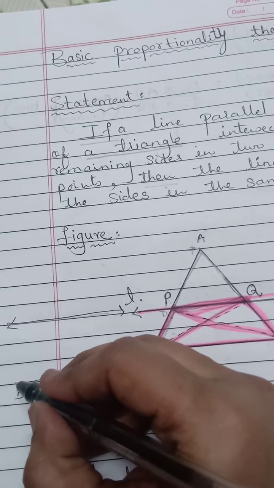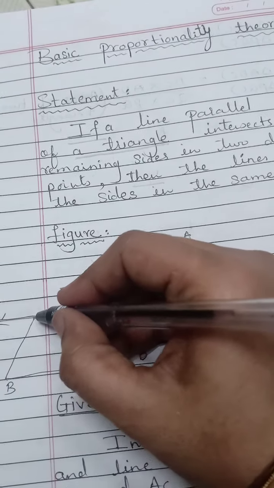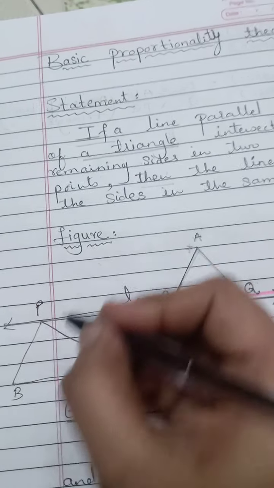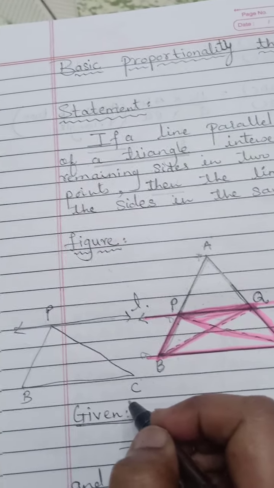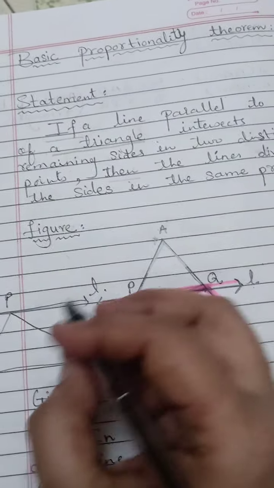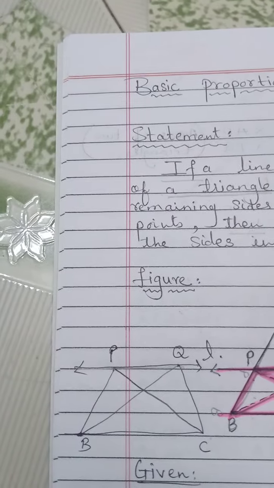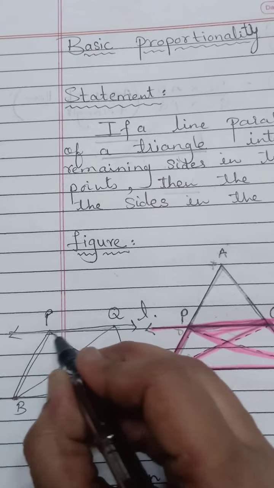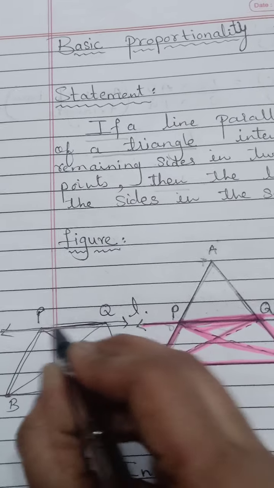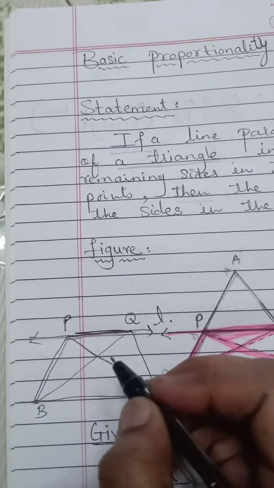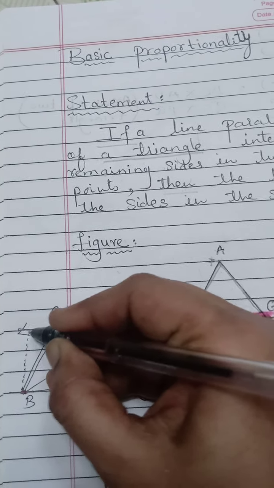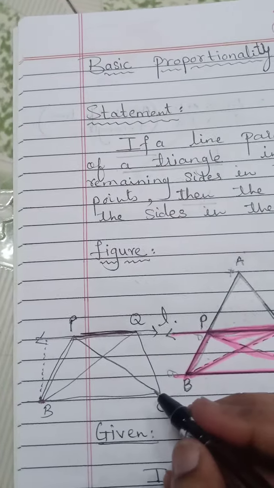So somewhere here is point P. So the first triangle is BPQ. In this, PQ is the base. Okay. And if the height is drawn, definitely the height will be drawn in this way from point B.